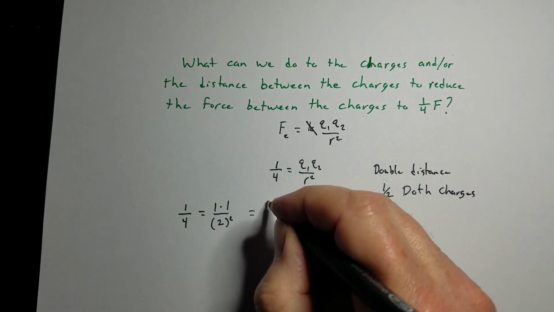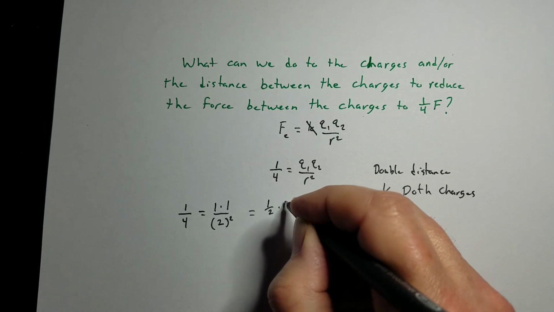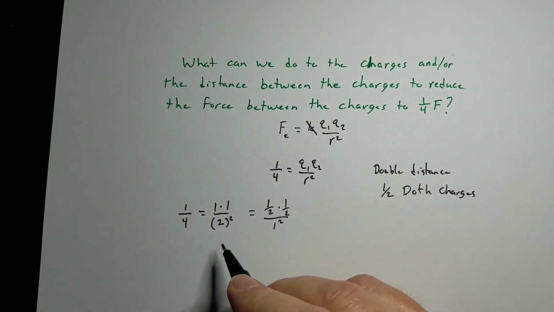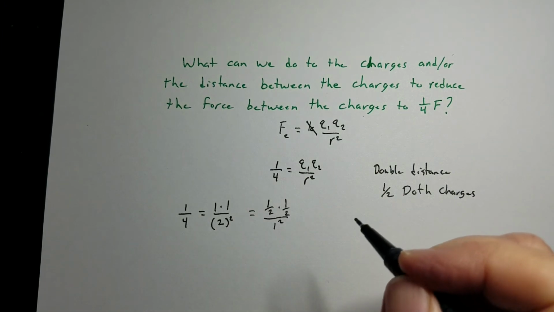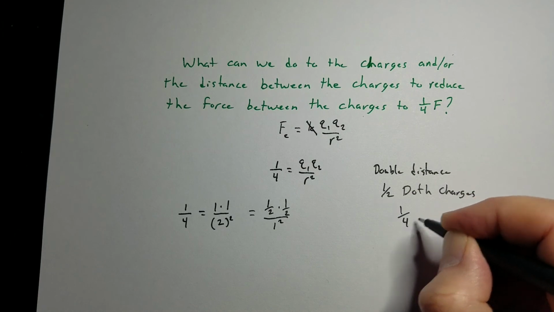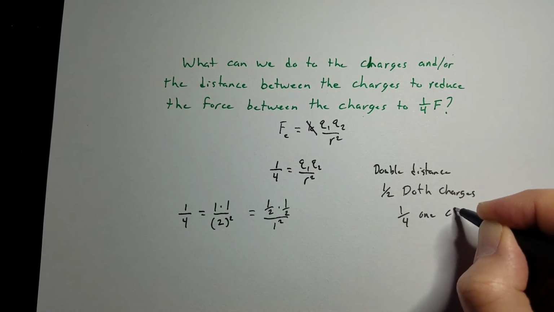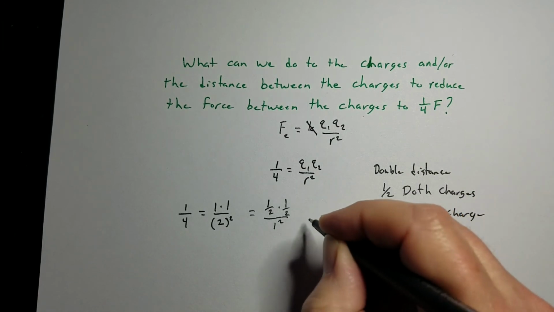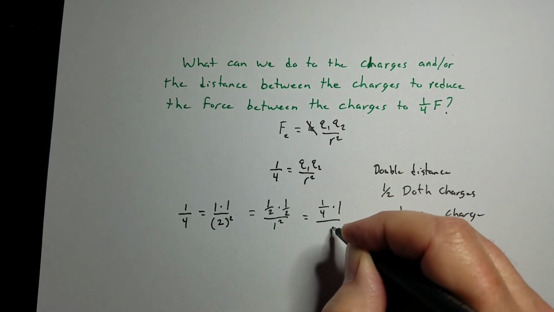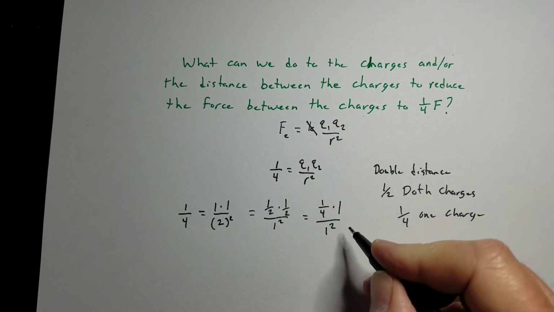So we can have 1/2 times 1/2 over 1 squared. That would still give us 1/4. Or one charge is 1/4 as much, and we can leave the other charge and the distance between them the same.